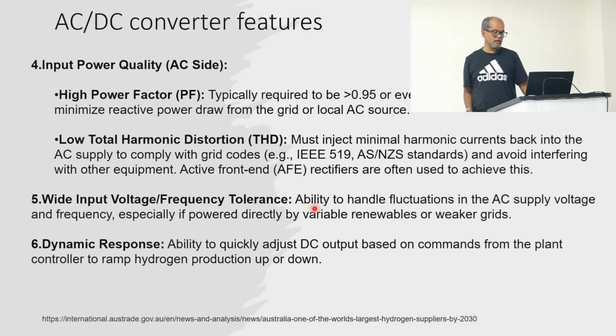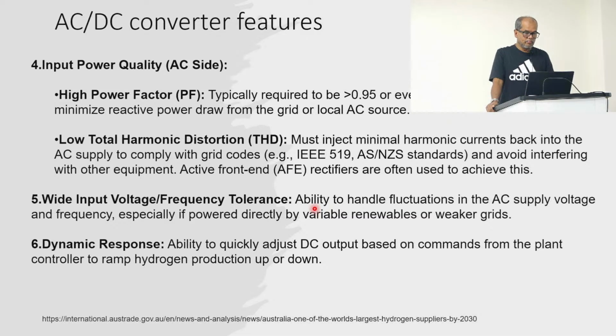And also the power factor, which is mainly for the AC side. We always expect close to unity, but in most cases we don't have unity, so we always try for more than 0.94 or 0.95, just to minimize drawing reactive power from the system, right?